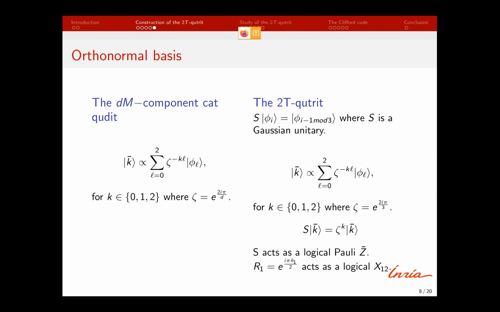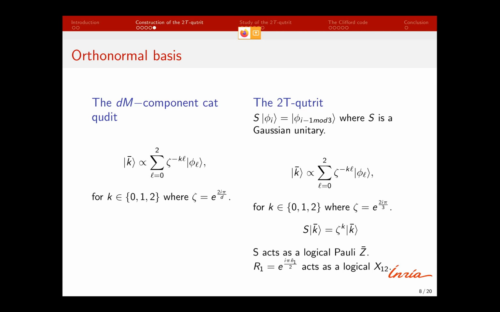But we can define an orthonormal basis, using the fact that the operation that transforms one copy of the group into another corresponds to a Gaussian unitary, and the eigenstates of this unitary form an orthonormal basis for the code.